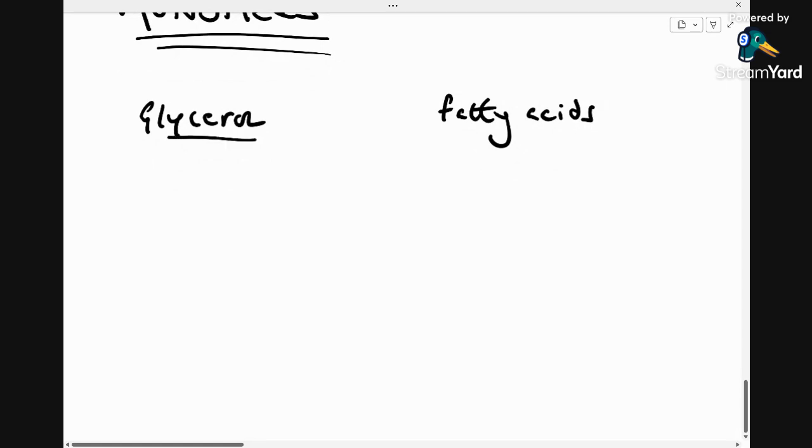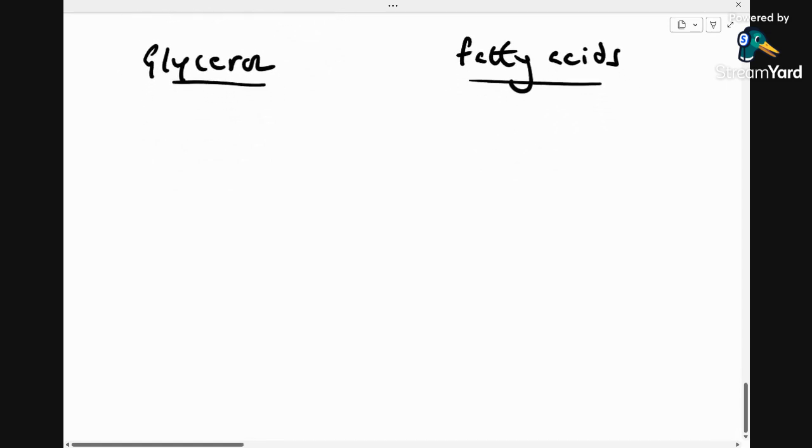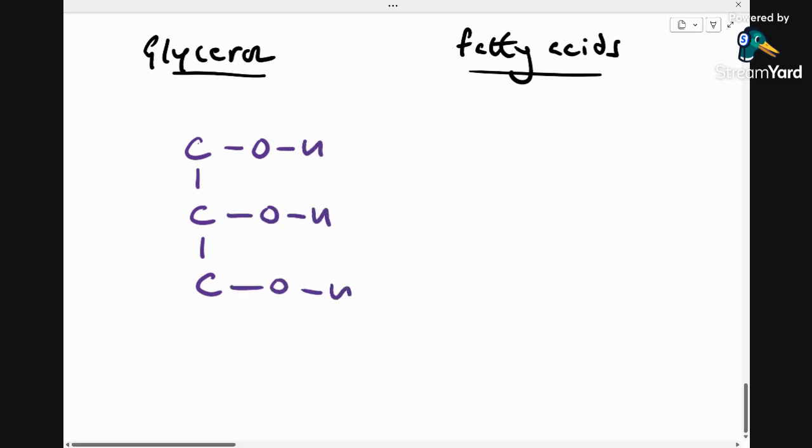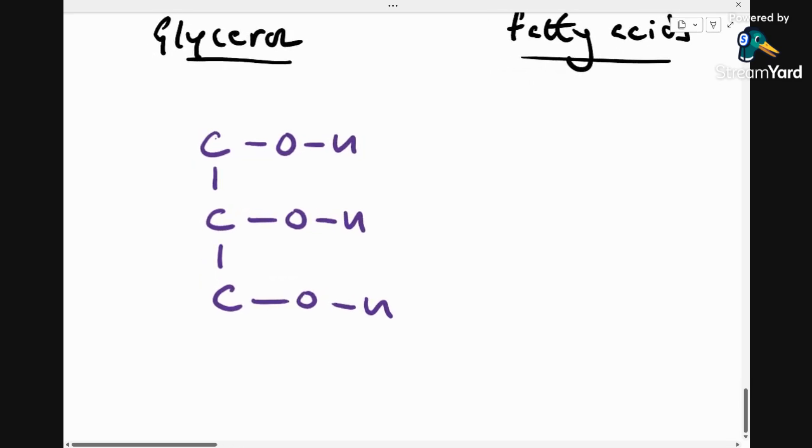So let's look at what these actually look like. Glycerol has this structure. It is made up of 3 carbons, each of which is attached to a hydroxyl group. And then we just simply have hydrogens attached.